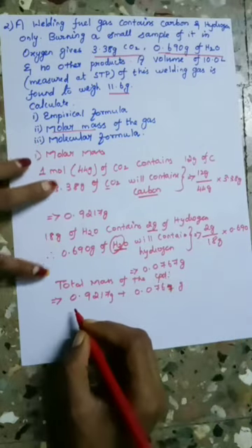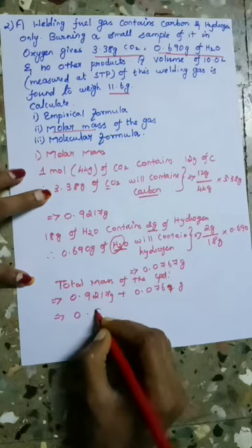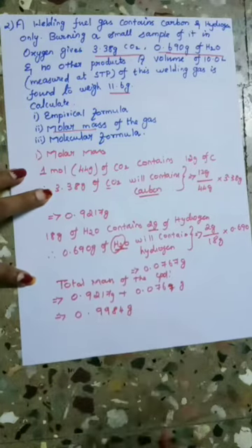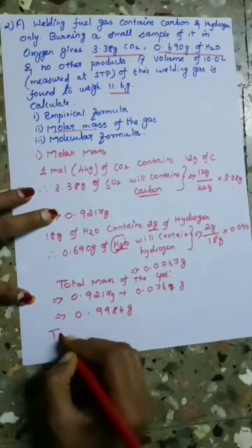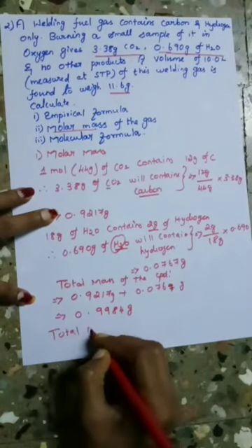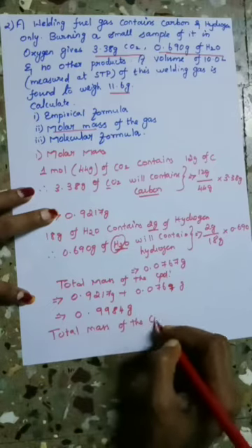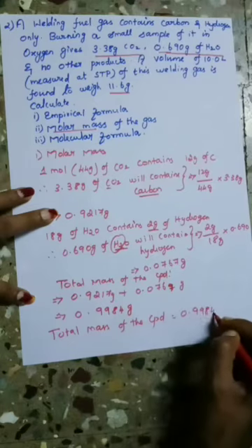This is the total mass of the compound. When we add, we get the answer 0.9984 gram.